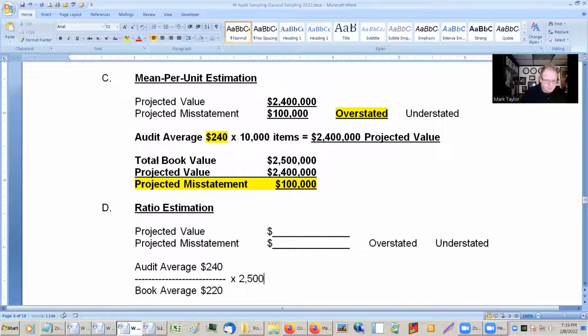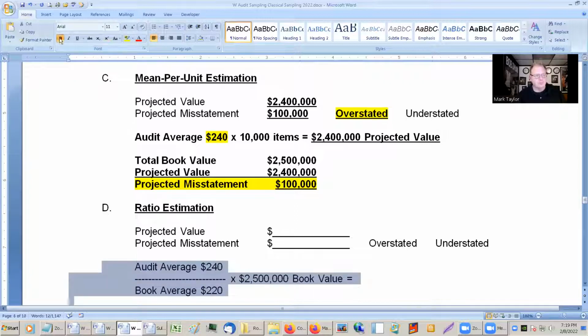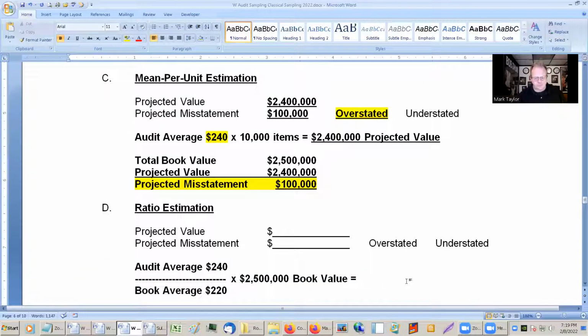And this will equal our projected value. That's $1, by the way. Document camera. All right.